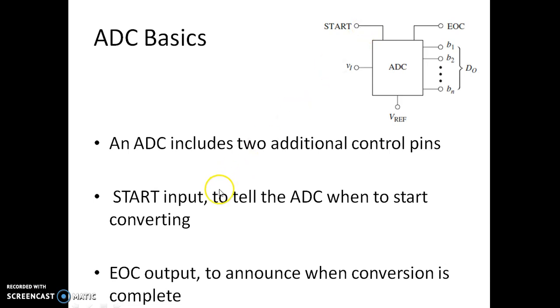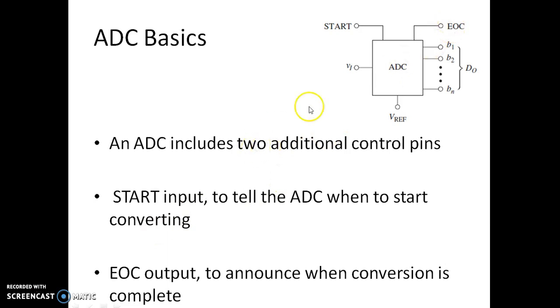One is the start input to tell the ADC when to start the conversion. As soon as we give the input voltage, the ADC will not give the equivalent binary or digital output. We should say when the ADC should start the conversion. So that should be given from this start pin, which is an input pin. This is required to tell the ADC when to start the conversion operation.